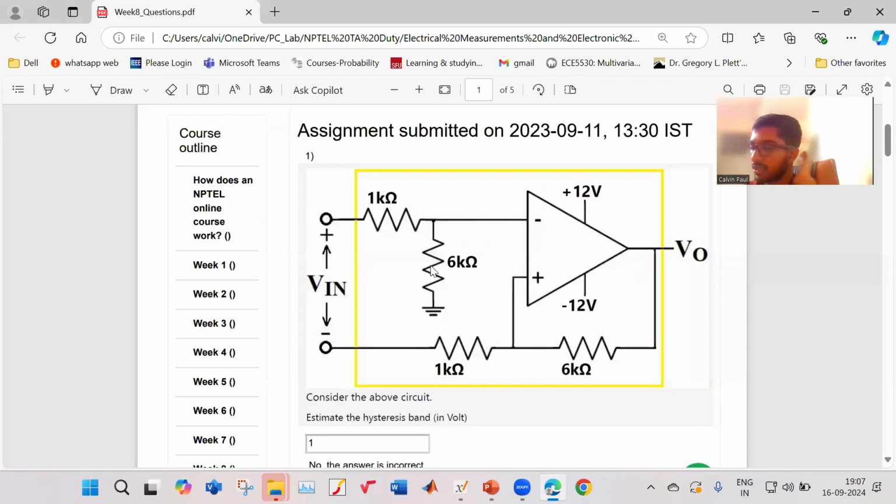So let us see this question, okay? This is the circuit. Take a snip of it.